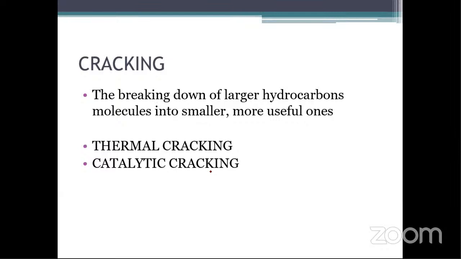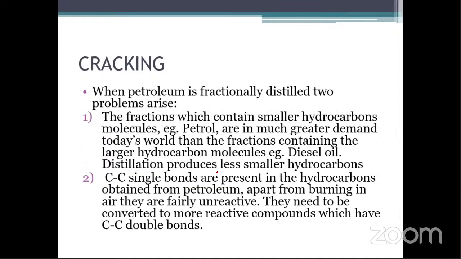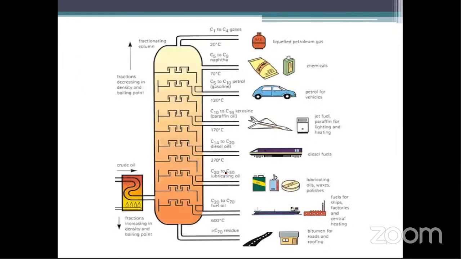Cracking is the breaking down of larger hydrocarbons into smaller, more useful ones. Say, for example, you have hydrocarbons that have 70 carbons. You can break them down to have between 1 and 4 carbons, and you can sell more of that because it is in higher demand.